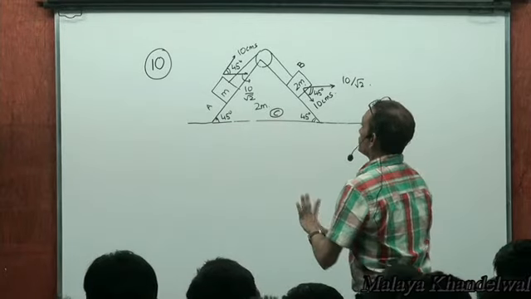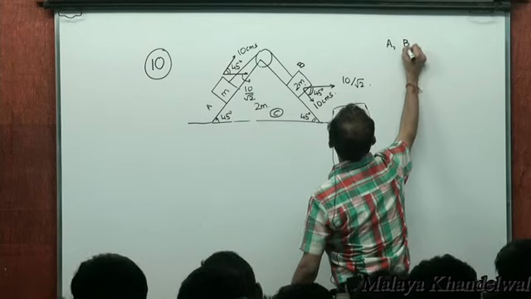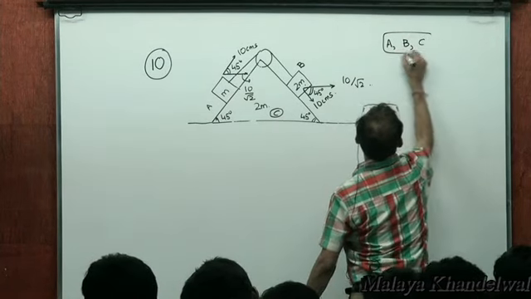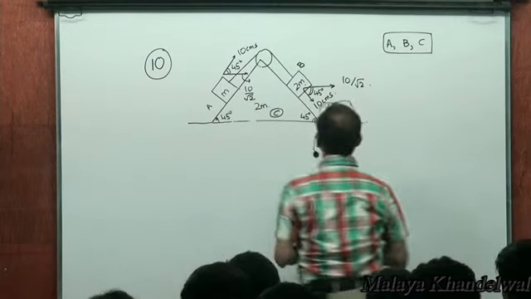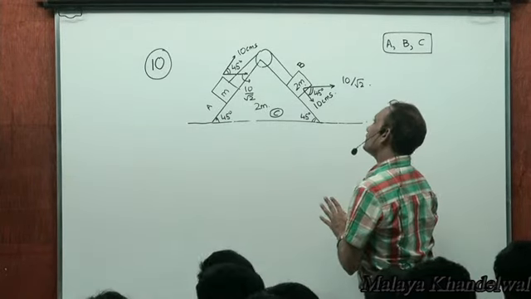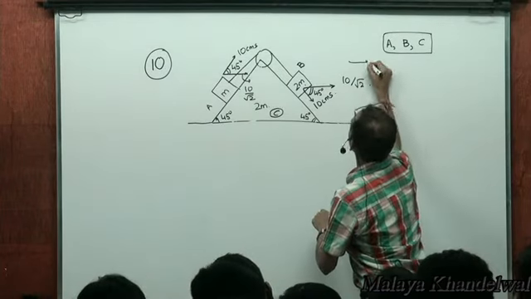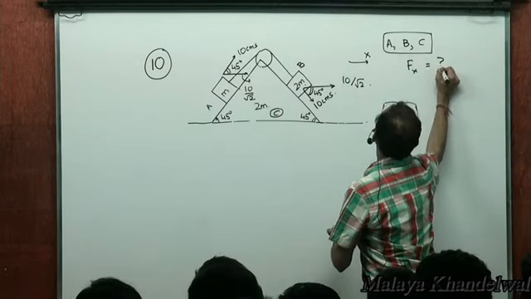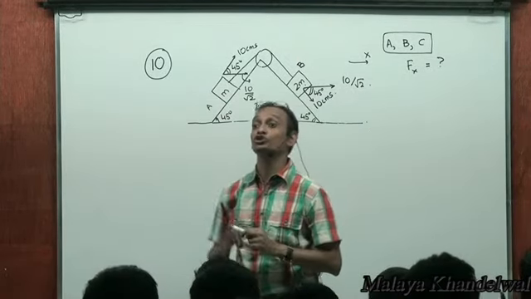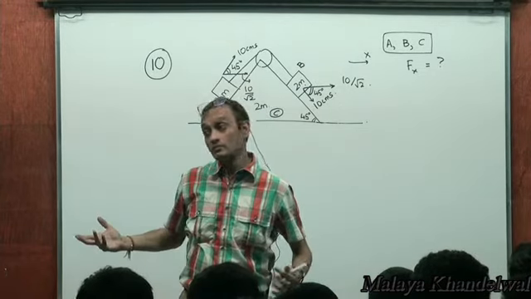In a system that comprises A, B and C, can you perceive any force in the x direction? Suppose this is the x direction. What is an external force in the x direction on the system that comprises A, B and C? Nothing.